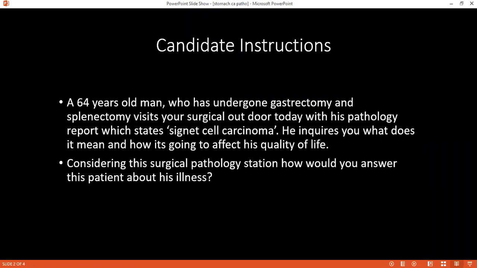Those are the ways it can affect his quality of life. Also, depending on the stage, whether it is only on the stomach or the cancer has already spread to other glands. Also, because the spleen is removed, you may have a reduced ability to fight organisms.